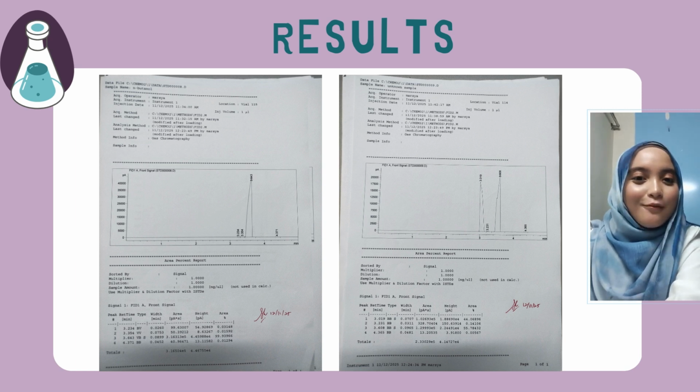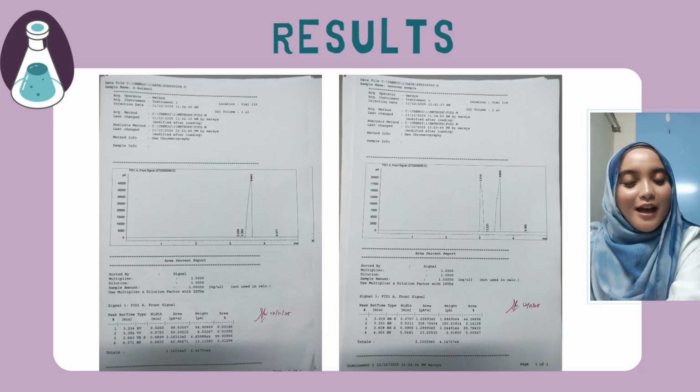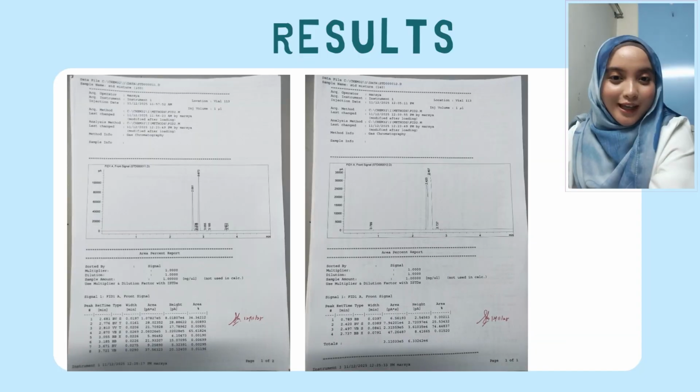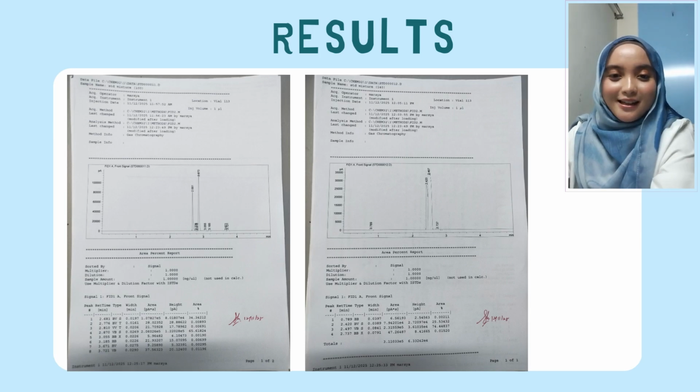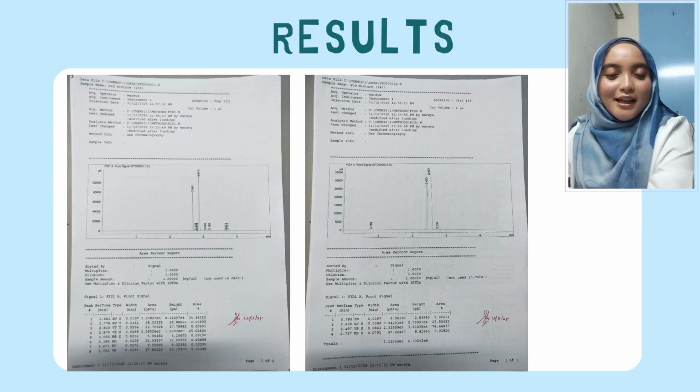On the right side, we have chromatograms of the unknown sample. Okay, for the last slide of results, we have on the left side the standard mixture at 100 degrees Celsius, and on the right side we have the standard mixture at 140 degrees Celsius.